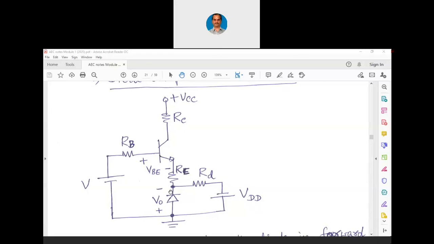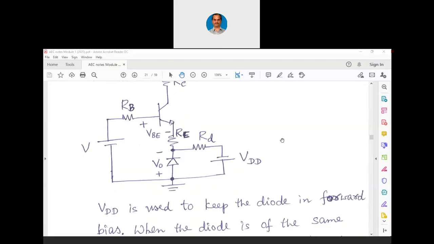So the difference remains the same. Earlier this was one direction 0.7, this was other direction 0.7. Now this is one direction 0.8, other direction 0.8. That way they are balancing each other. So the drop across RE remains the same, and the voltage at the base also remains the same. That means Q point is not affected at all. That way the circuit is working in a stable manner.